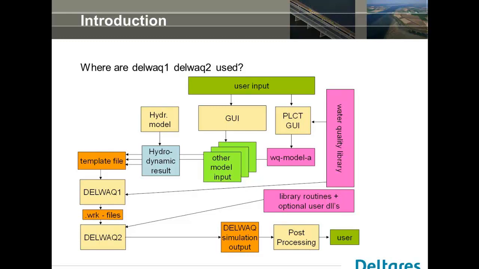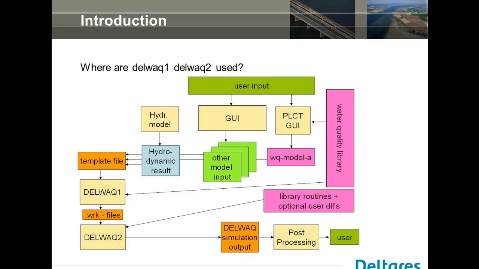And instead of using the graphical user interface, you can also manipulate these files yourself, and it can be handy to produce them first using the graphical user interface and then afterwards do the modifications you want.